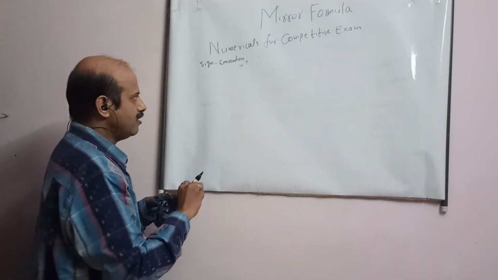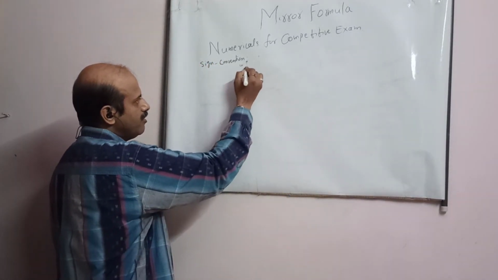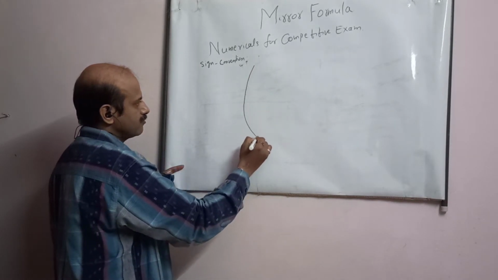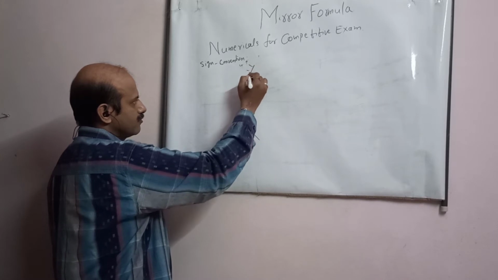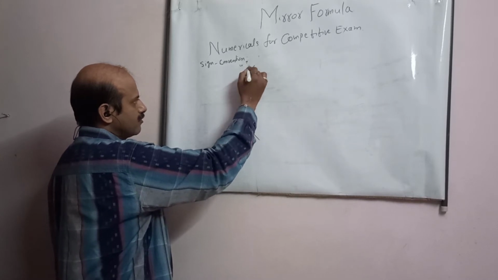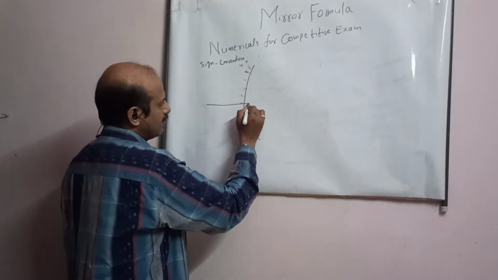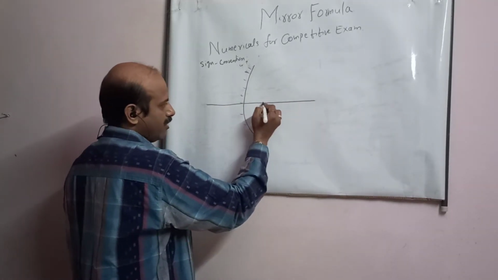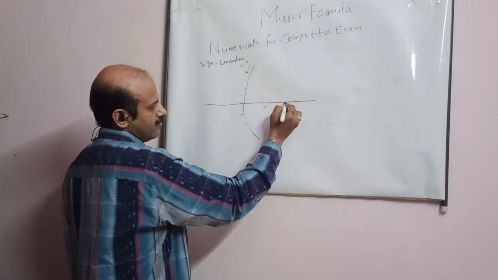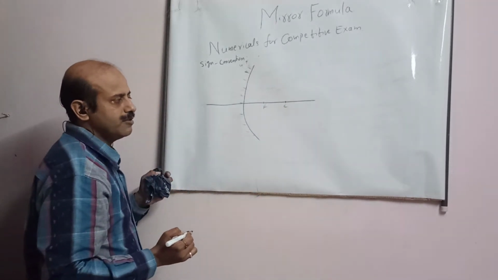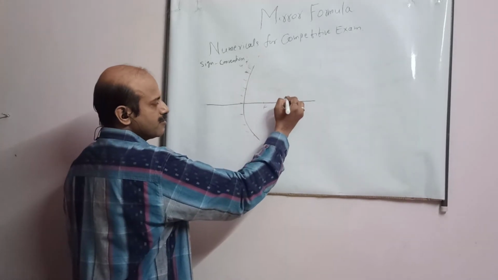Now friends, suppose again I have a mirror, concave I am taking. Again the same data, here F, here C. Now suppose, student, the object is like this.